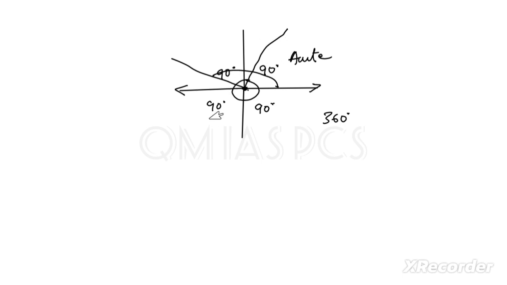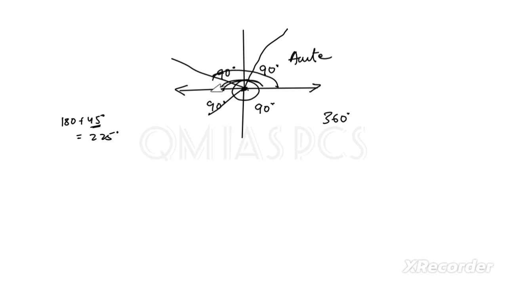But for more than 180, you have to consider more than this one. Like if I say 180 plus 45 degree, that means 225 degree. So 225 degree means what? This is 180, and plus 45, 45 means half of 90.